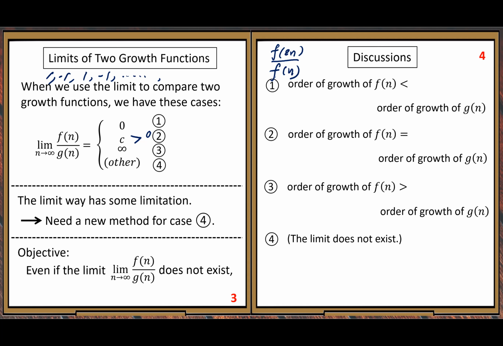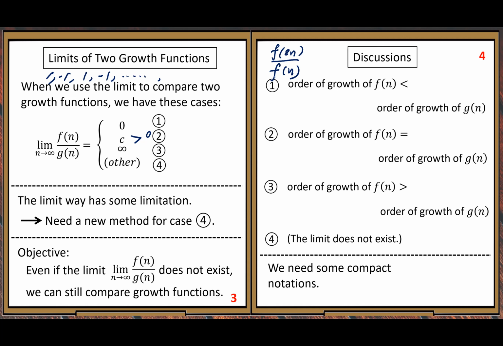Here, we need a special method to help us still find the answer about the comparison result of their order of growth. So that's the goal. That's what we are going to do. Later we have that method.